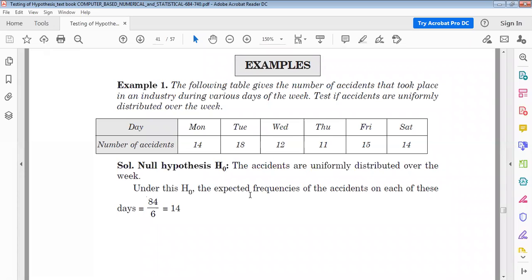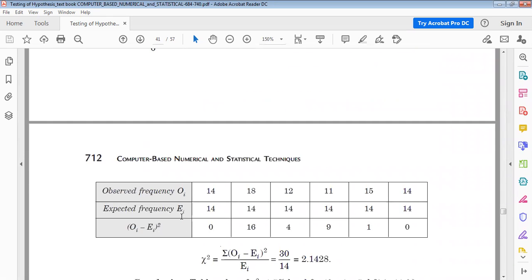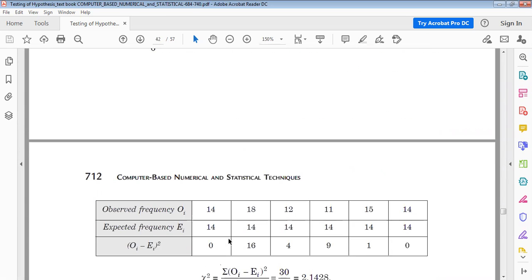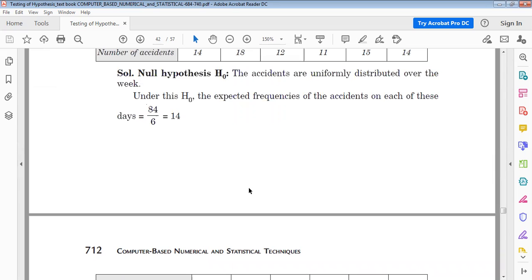So the expected frequency of accidents on each of the days will be 14. This is actually the mean. The observed frequencies are 14, 18, 12, 11, 15 and 14, which are the given accident frequencies. And the expected frequency is 14. Understand? We have just taken this mean.